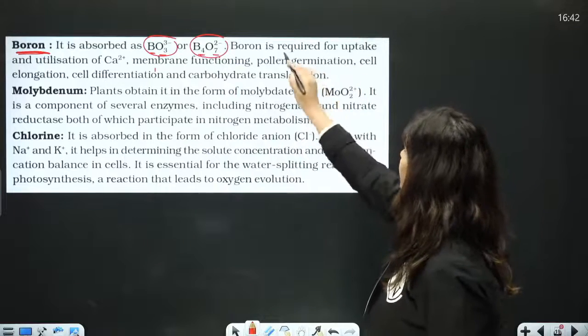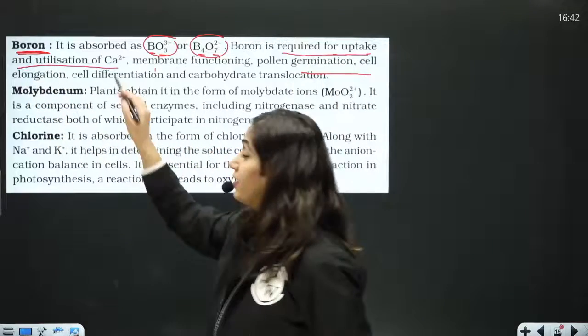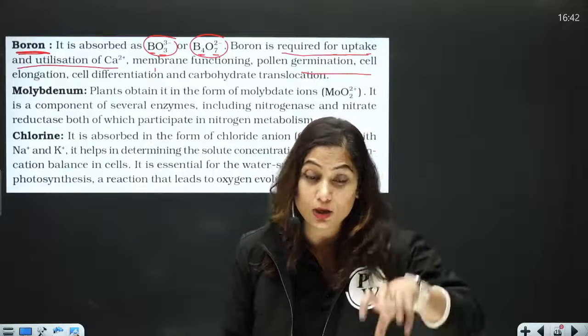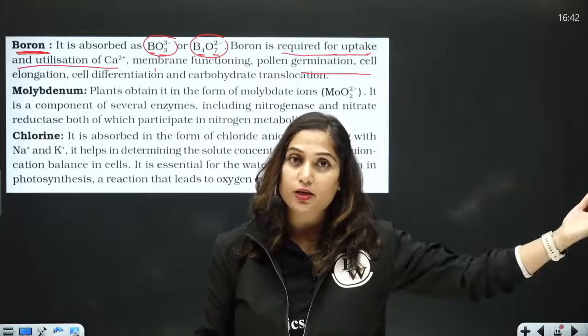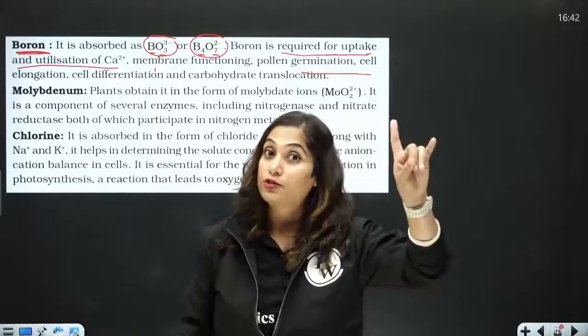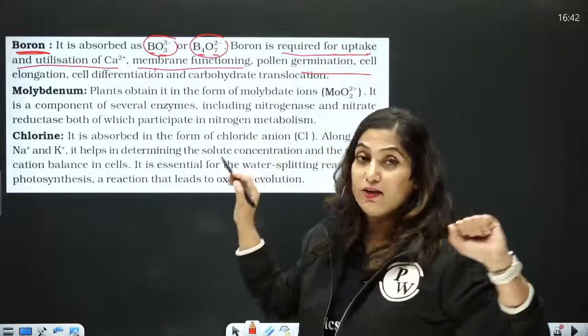First of all, it is required for uptake and utilization of calcium. In the absence of boron, the plant will be unable to uptake calcium. That means if a plant is deficient in boron, it is by default deficient in calcium. First important function. Second, it is important for proper membrane functioning.